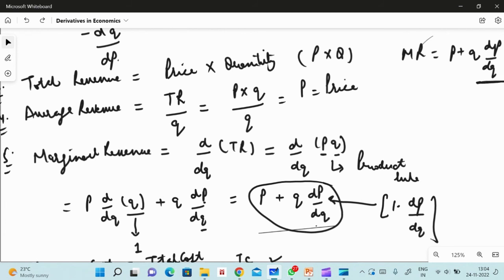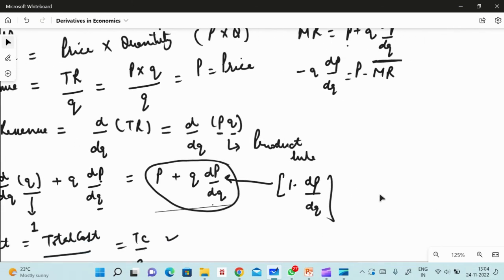Now, if we take dP by dQ on one side and shift it to the other side, or we can take P on the other side, we can get minus Q dP by dQ is equal to P minus marginal revenue, right? We can get this.